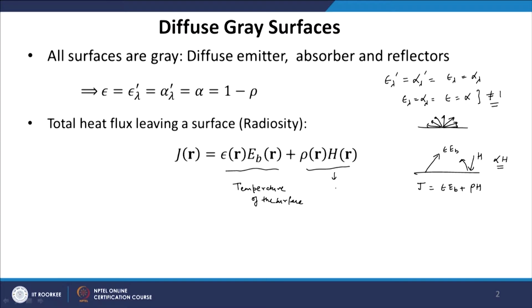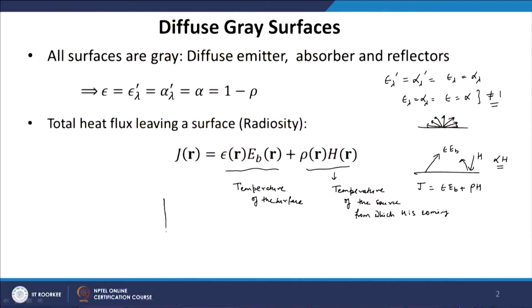And this quantity depends on the temperature of the source from which H is coming. Okay. So, these two are different in the sense that the temperature of one surface may be significantly different from the other. So, one value of the energy emitted will be in one spectral range and the other may be in a different spectral range.